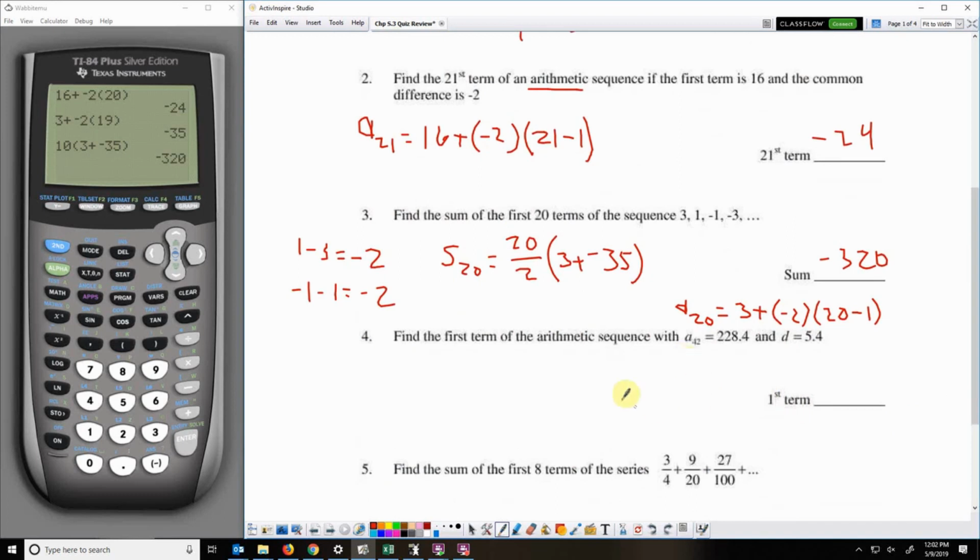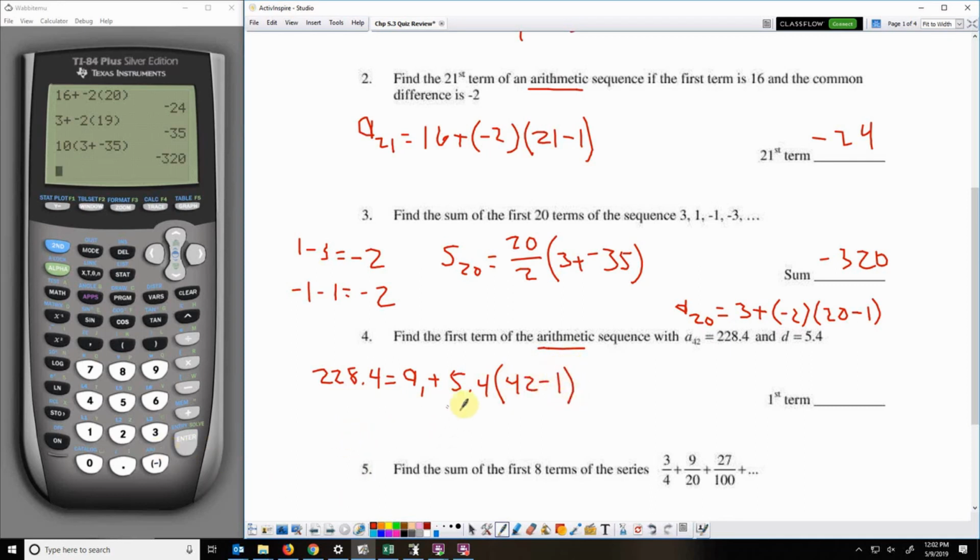Find the first term of an arithmetic sequence. So we're looking for a sub 1, knowing that a sub 42 is 228.4. I know that d is 5.4. And I know that n, the term number for the value of 228.4, is term number 42, minus 1.